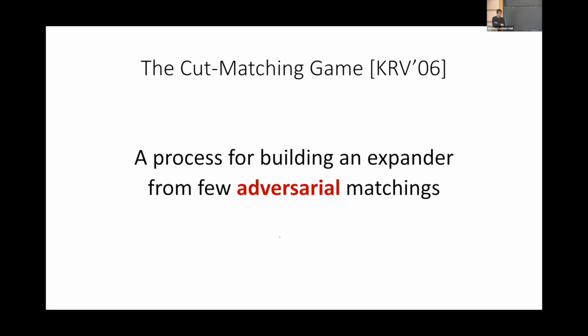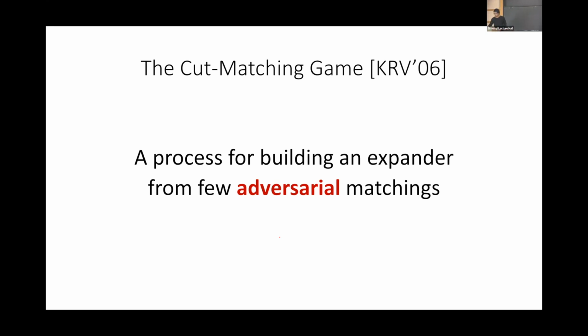Cut matching game is a super useful process, even for a combinatorial reason, not an algorithmic reason. It's a process for building an expander in the adversarial setting, where you don't have control over the edges that you can add into a graph, and you can still construct an expander.